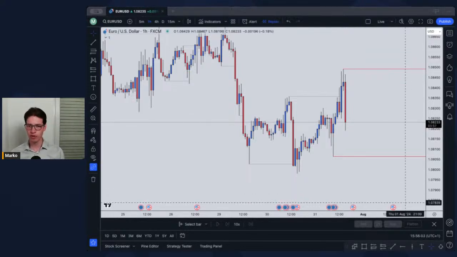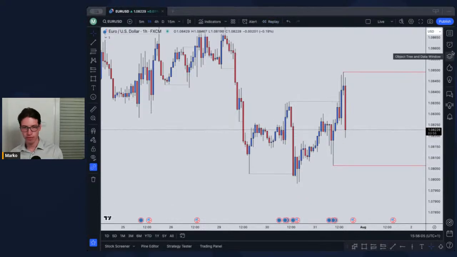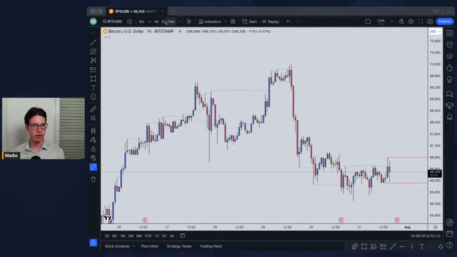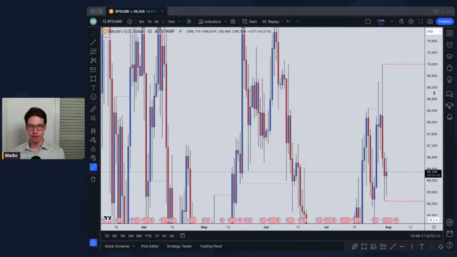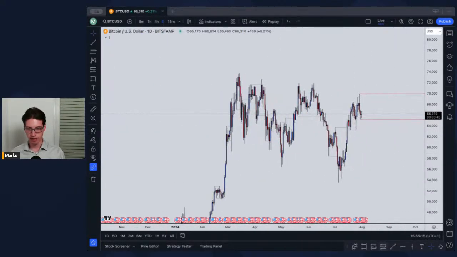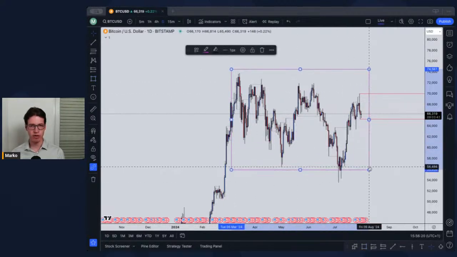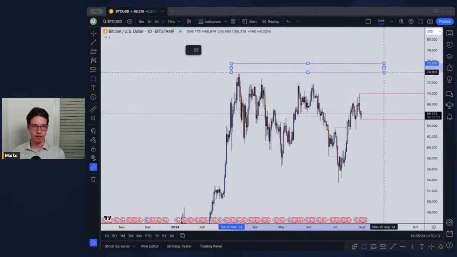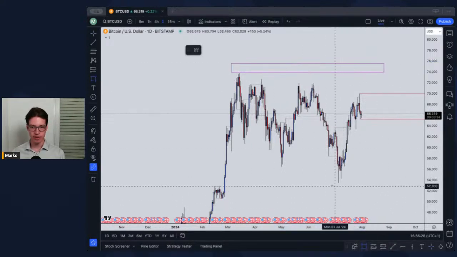And I want to do Bitcoin on the daily. Bitcoin is pretty flat. Yeah, pretty flat and range bound right here. So I'm waiting to see what will happen. This level and this level.